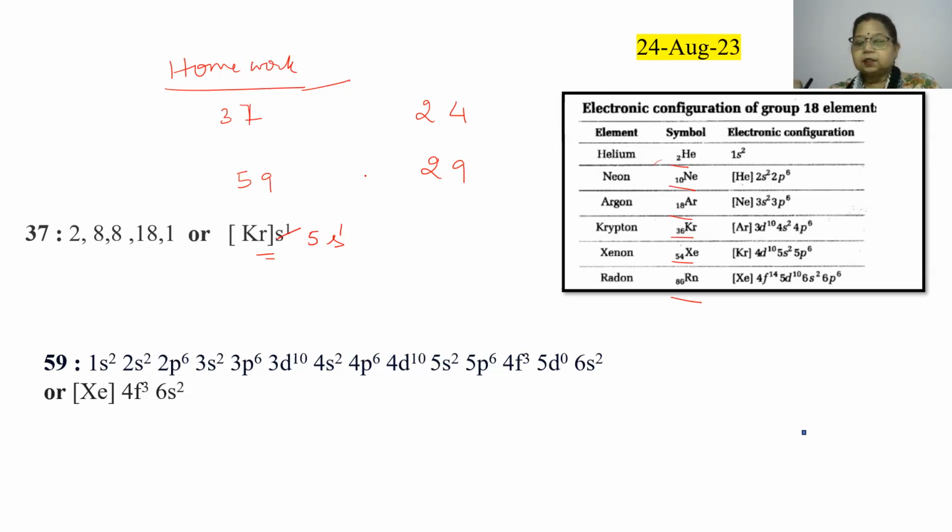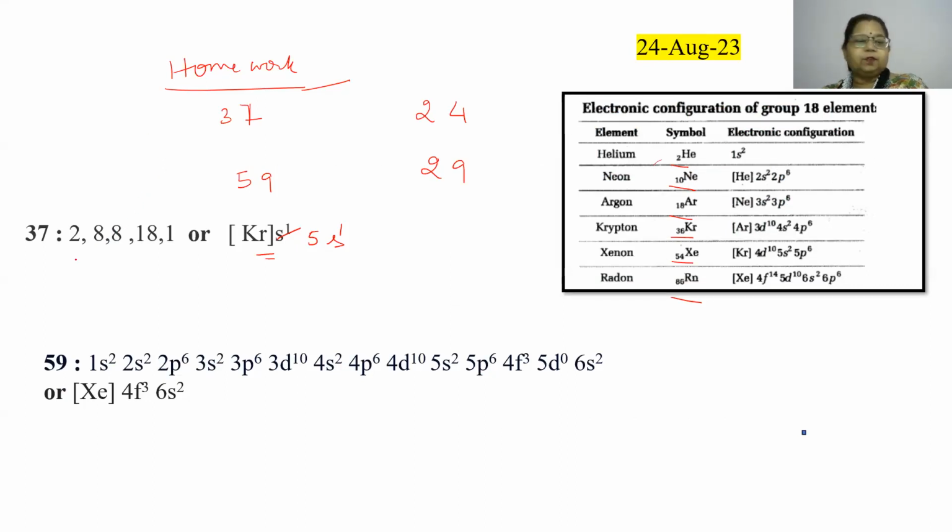Is it clear? Yes, ma'am. Okay. So, atomic number 59, I have just displayed the configuration for you to save time, because I'm pretty sure that you are clear with the above principle, and with its help you can write the configuration. Now coming to atomic number 24 and 29.